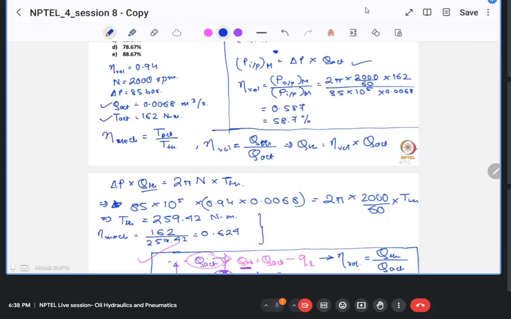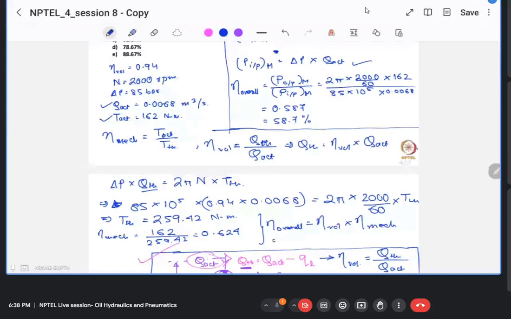Now all you have to do is, sorry, I just made a mistake here. It's not volumetric, it's overall efficiency. That's what is asked in the question. Volumetric multiplied by the mechanical. So one is given, that is 0.94, and the other is 0.624. You'll again get around 0.587.